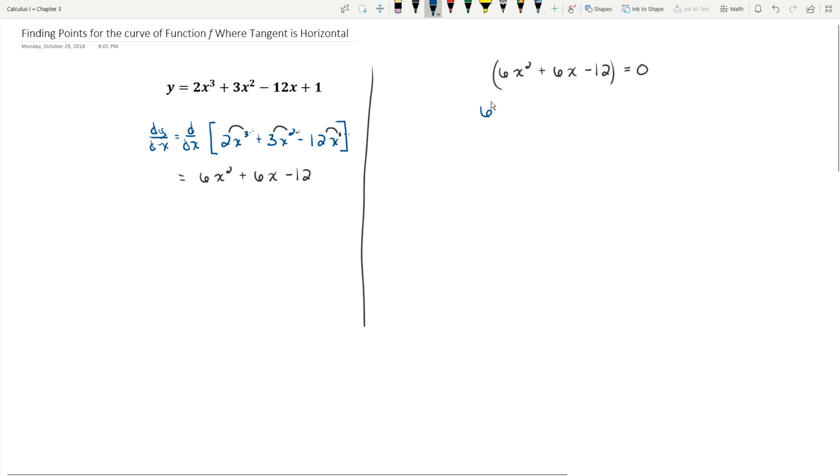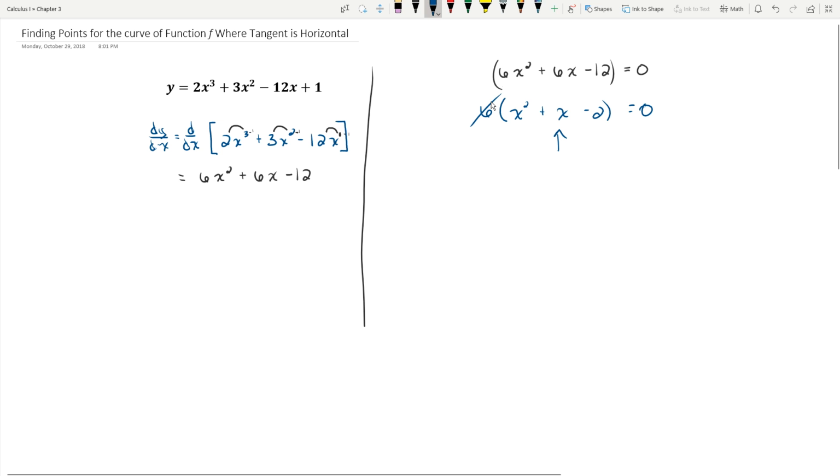And we're going to have 6 times x squared plus x minus, well, 6 times 2 is 12, so that's where that'll leave us. Don't need to worry about this because 6 equal to 0, not really. So that's just 0. And we will just worry about what's on the inside here.